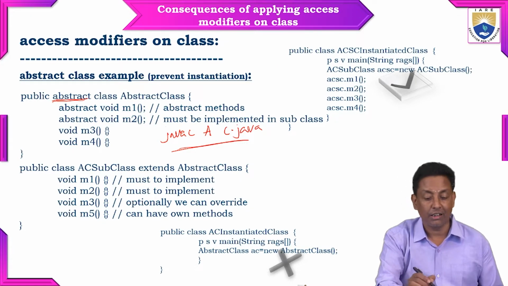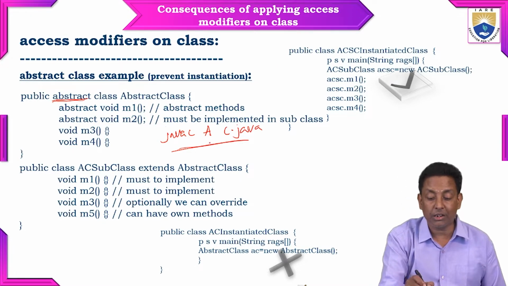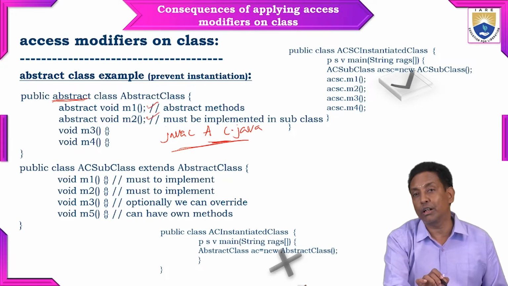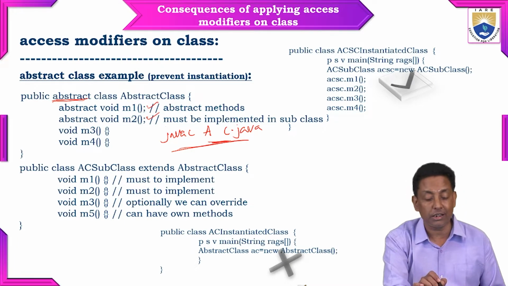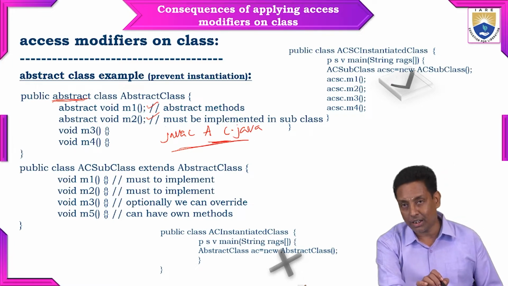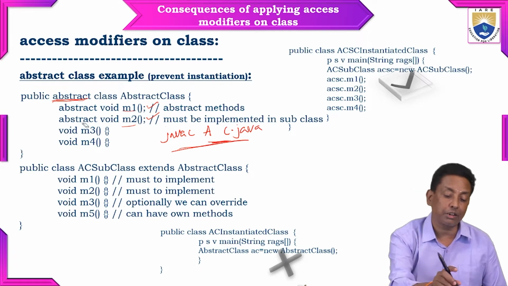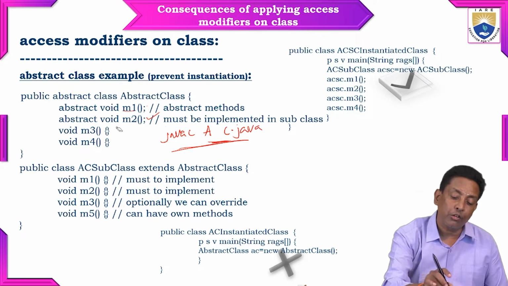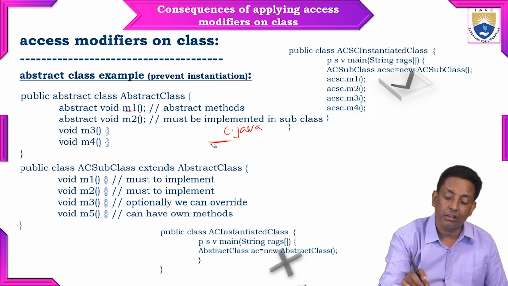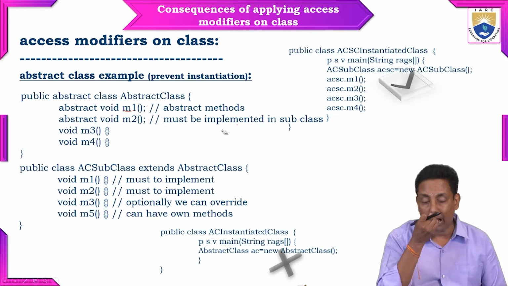The Java compiler says the current class, AbstractClass, is found with 2 abstract methods, 2 unimplemented methods. Hence, declare your class as abstract or implement these 2 methods M1 and M2. That is the Java compilation error that will come. So, soon after getting the compilation error, we will declare the class as abstract.